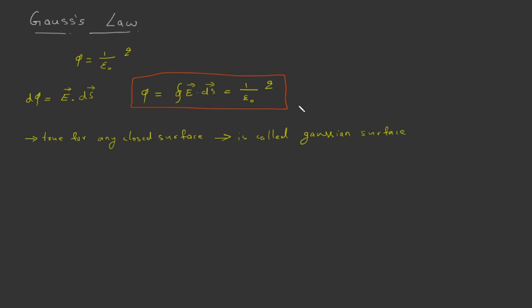Now look at the equation. We are having two parts for this equation. One is left hand side, that is closed integral E dot ds. We have to remember, in this left hand side, electric field E is the electric field due to all charges existing in the space.